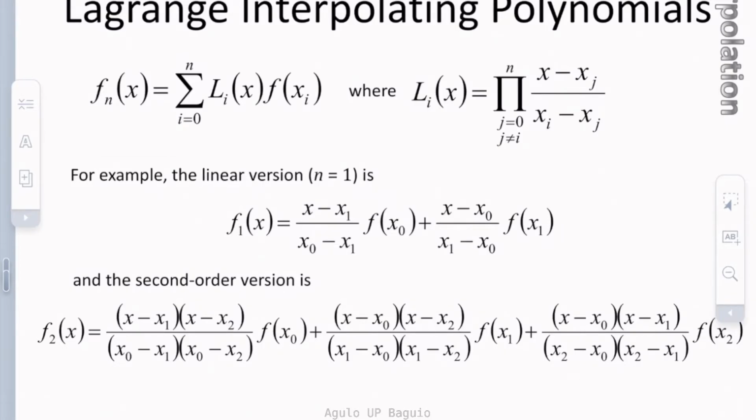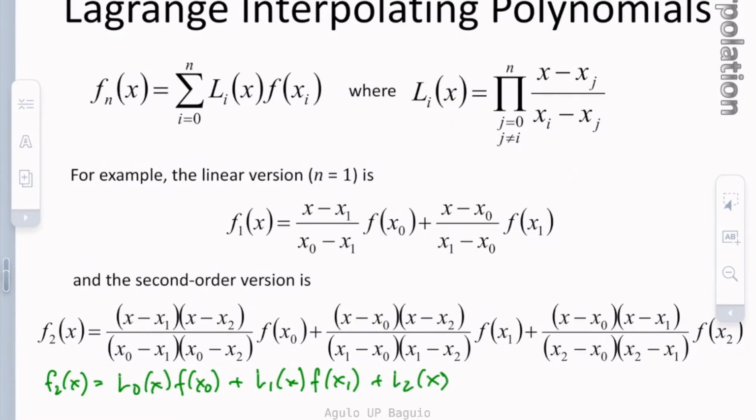The second order term needs a little bit of work. So f sub 2 of x is equal to L naught of x, f of x naught plus L1 of x, f of x1 plus L2 of x, f of x2. L naught of x is then equal to, so i in this case is 0, and here you have 2. So you expect to have only two terms.